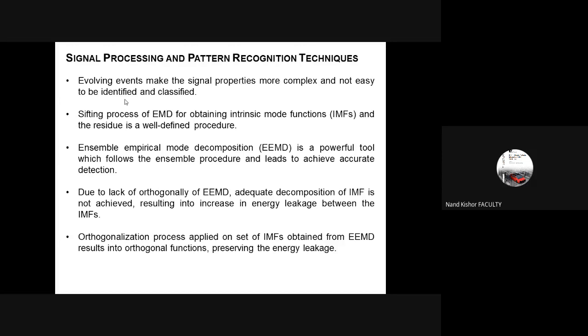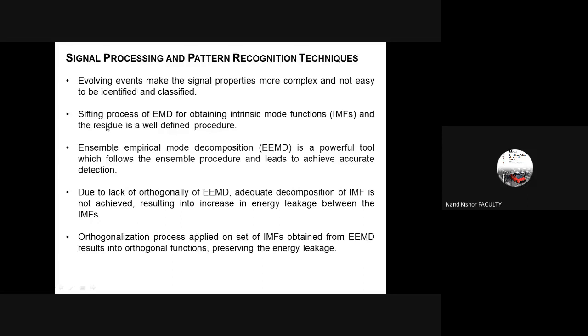So we have some advanced techniques like the shifting process. Maybe in a later slide I will discuss this technique in more detail. The shifting process of the empirical mode decomposition is one of the techniques that we have used in the study. With this we can obtain the intrinsic mode functions and thus the residue, and this is a well-defined procedure here.